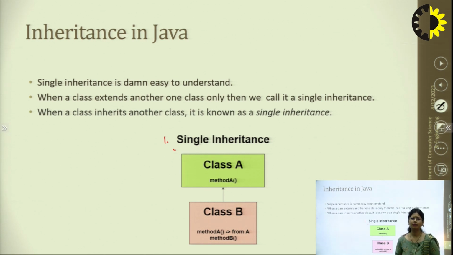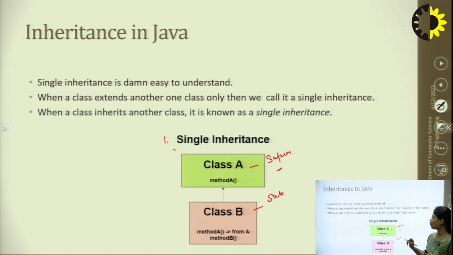So it is very simple: there is a parent class. Suppose class A is a parent class, and class B is your child class, or I can say this is the super class and this is the subclass.